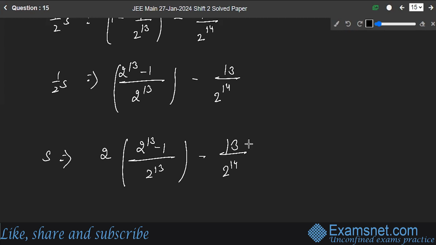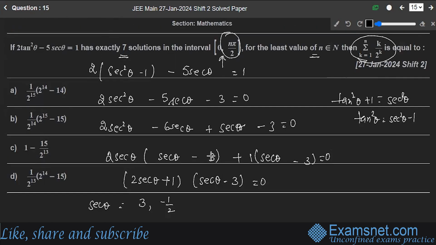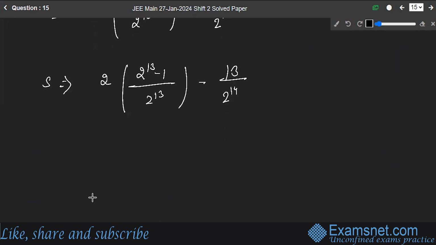Let's check with the options. I don't have any, I think I have to solve it further. So this will be equal to, I'll take the LCM, 2 power 14, right? Let's open up this first.